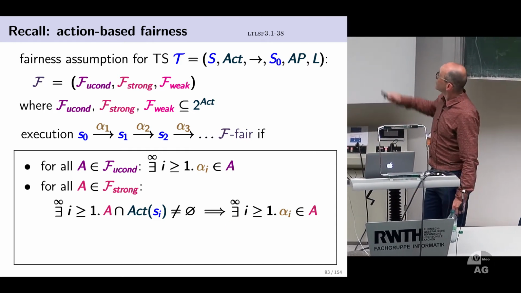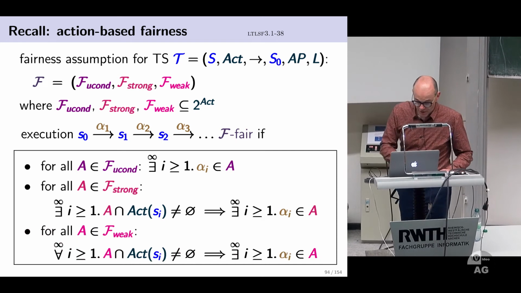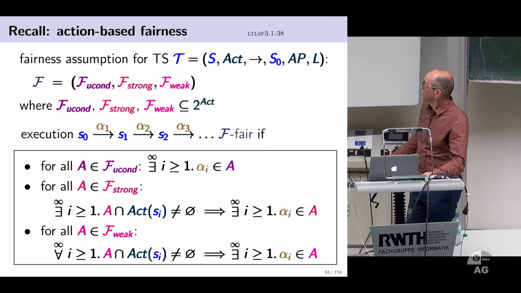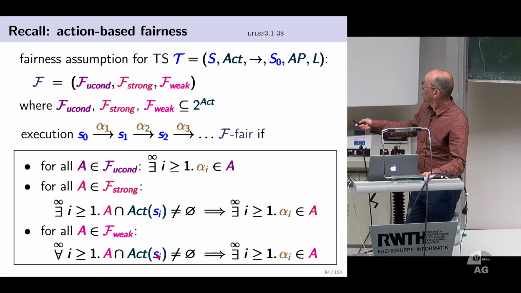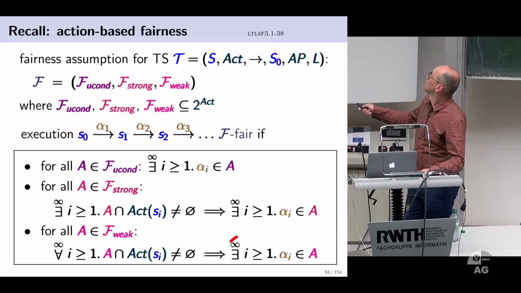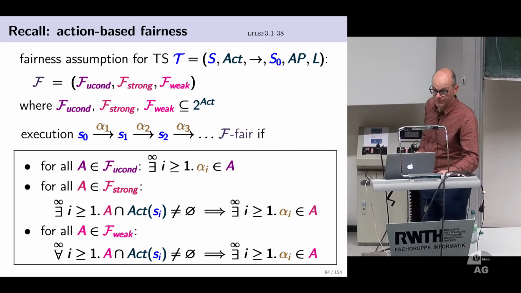And then you need to take this action infinitely often. And with weak fairness, this was exactly what I explained: from some point on, you only visit states wherein one of the actions in A is enabled, then you should take such an action infinitely often.